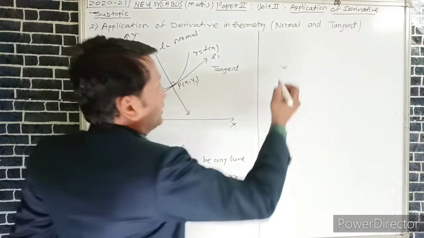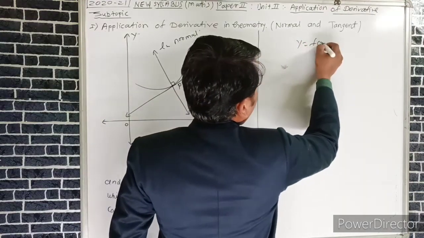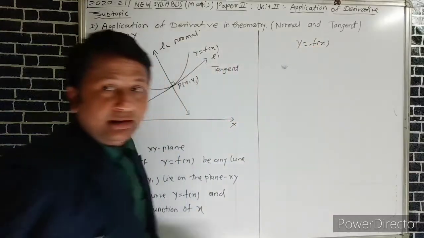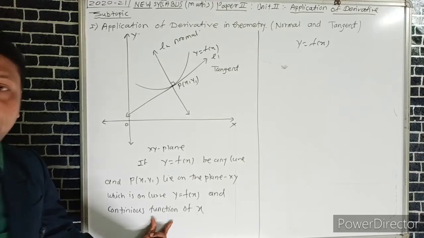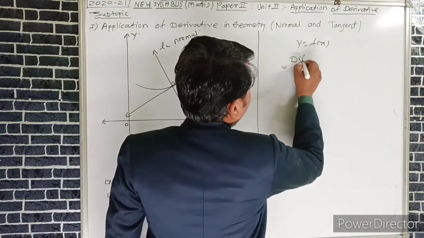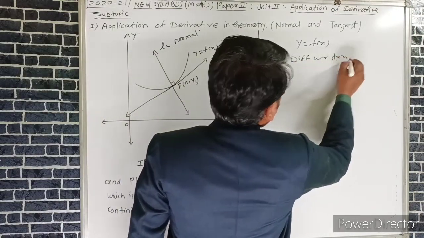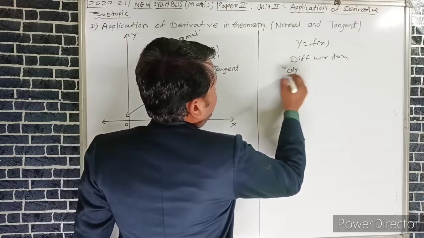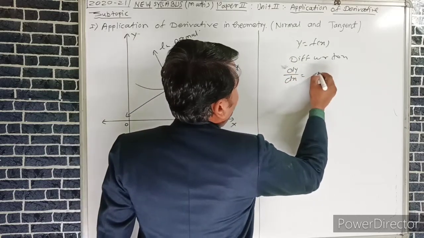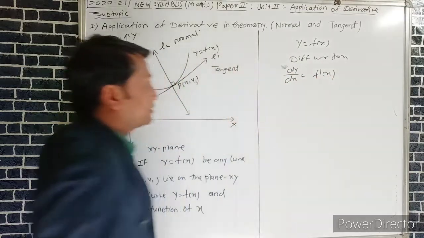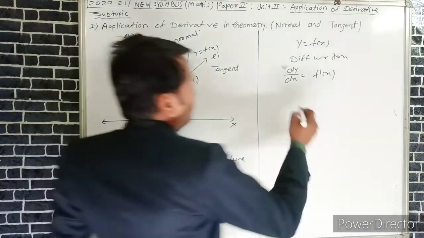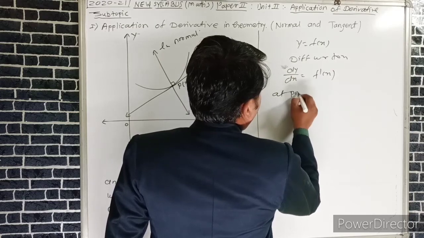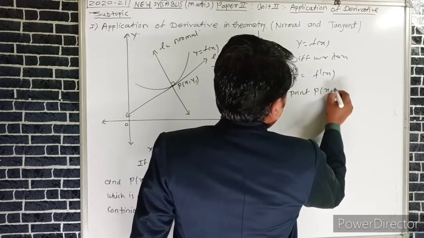After that, if y equals f of x is any curve and the given function is continuous, then if we differentiate with respect to x, dy upon dx equals f dash of x. Here, the coordinate of point P is (x1, y1).